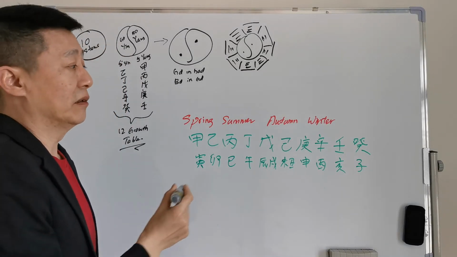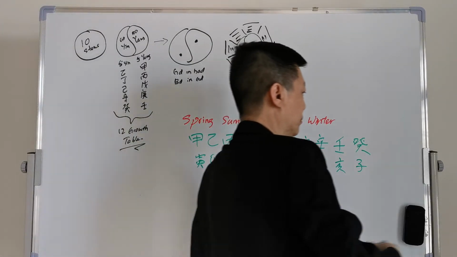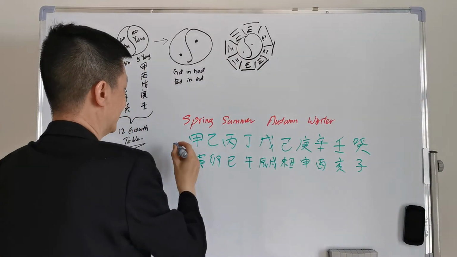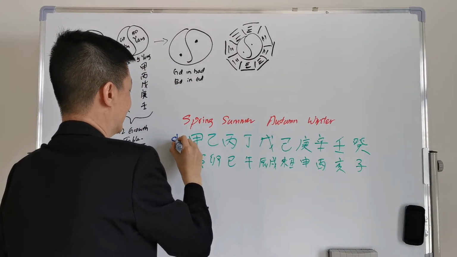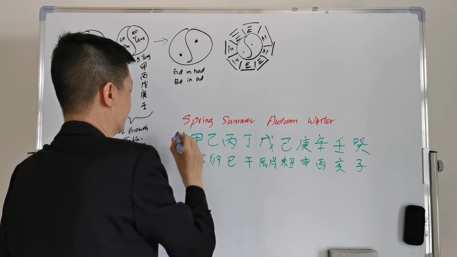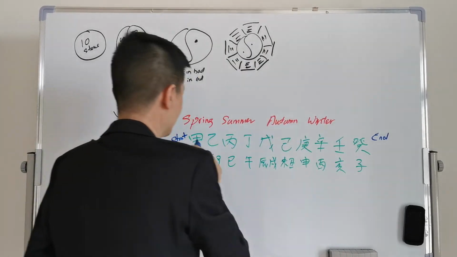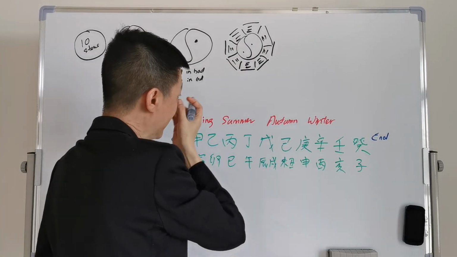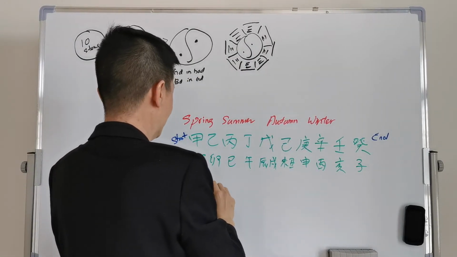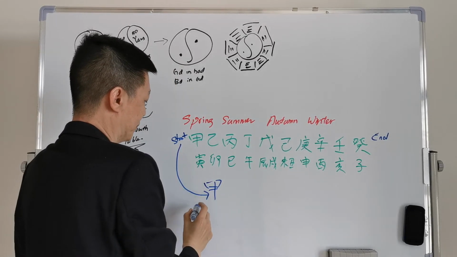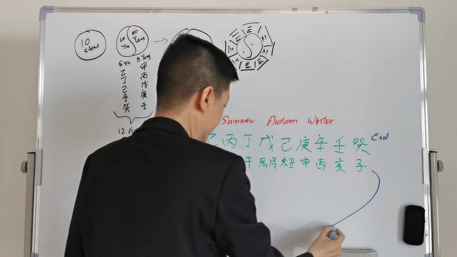How do I know that? Because the start of the energy is Jia, and Gui is the end, because this is 1 to 0. Okay, so they start with what? The pillar of 60 jiazi, they start from Jia and Zi.